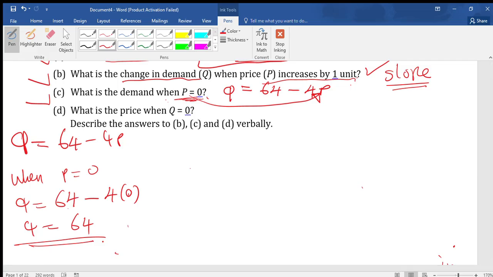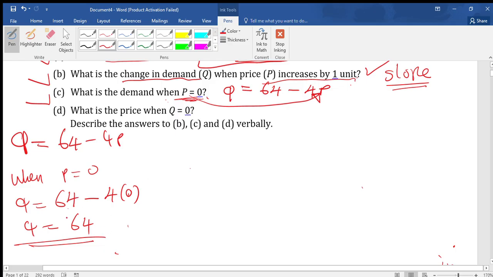Verbally, since Q is the number of flights and P is the price for those flights, we are simply saying that if P is equal to 0 and the quantity equals 64, it means if flights are free, demand is 64 flights per day.